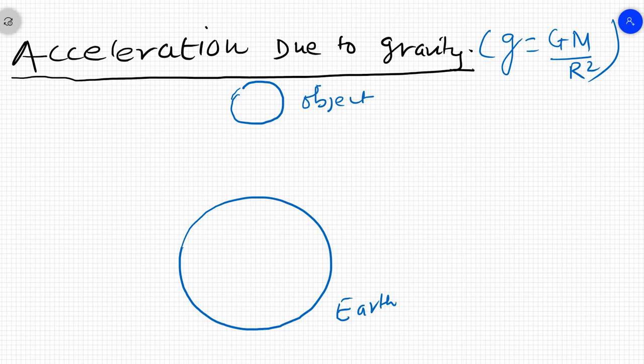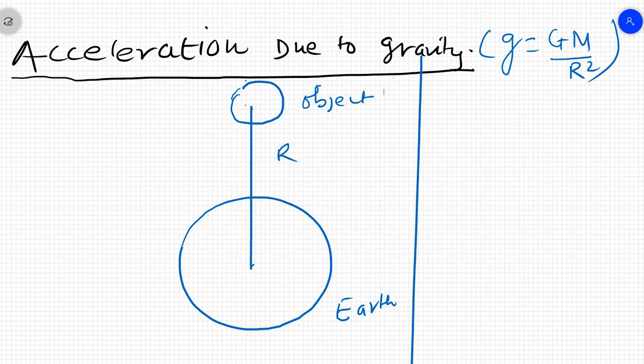Now once the object starts falling under the action of gravity of the earth, the body gains acceleration. So today we are going to look at how that acceleration is calculated.